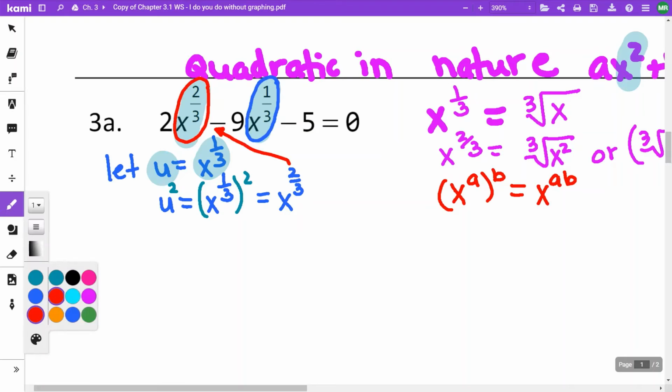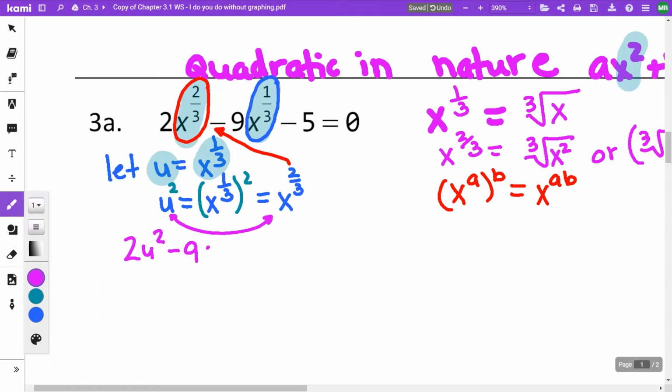So again, I'm going to rewrite this as 2u squared, because x to the 2/3 is a u squared, and then minus 9u, because that's what I decided to have u represent, x to the 1/3, minus 5 equals 0. Now I have a quadratic. This is why I'm saying it's quadratic in nature. It's not a quadratic in the sense that this is an x squared problem. It's an x to the 2/3 and an x to the 1/3, but I can rewrite it as a quadratic.